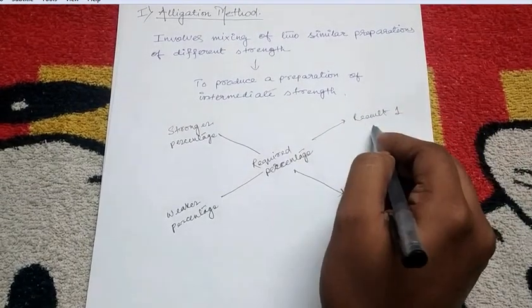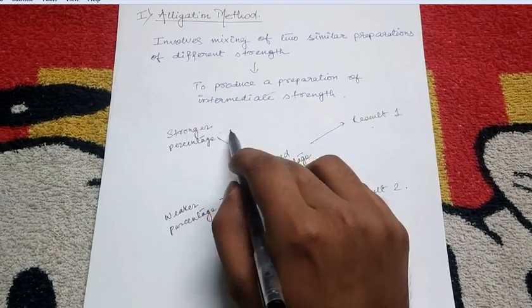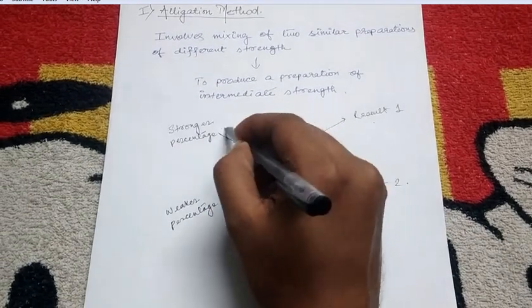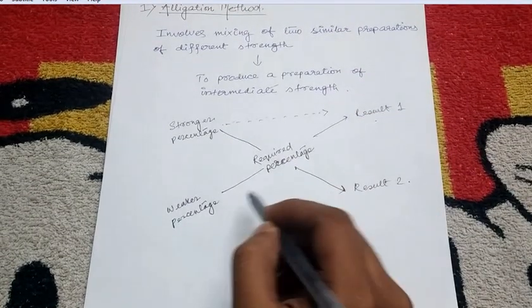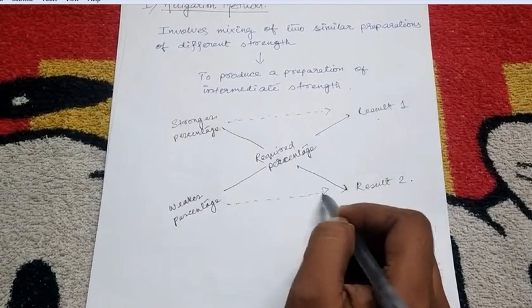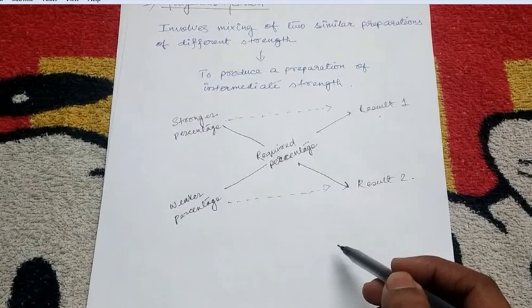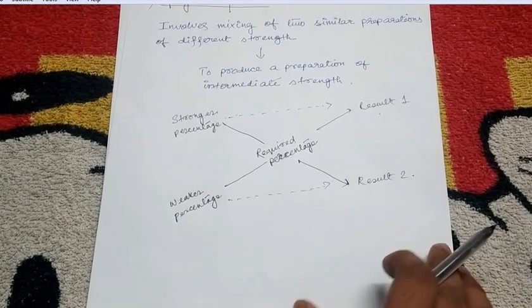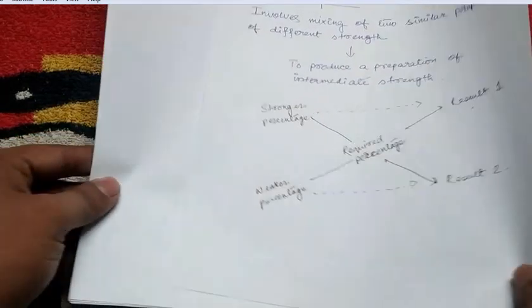So result 1 is the parts required from the stronger percentage, and result 2 is the parts required from the weaker percentage. Then both are mixed to get the intermediate strength mixture. Now let's move on to some of the questions on numericals.